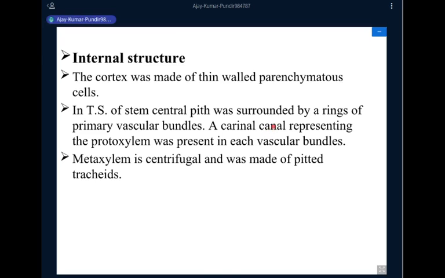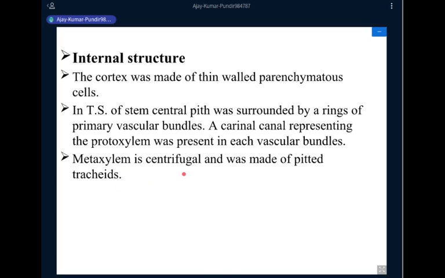So this character is a very important symbol of Calamites, which is very similar to other members of the division Sphenophyta. A carinal canal, representing the protoplasm, was present in each vascular bundle. The carinal canal acts as protoxylem, the primary xylem. The metaxylem is centrifugal, towards the center, and was made of pitted tracheids.